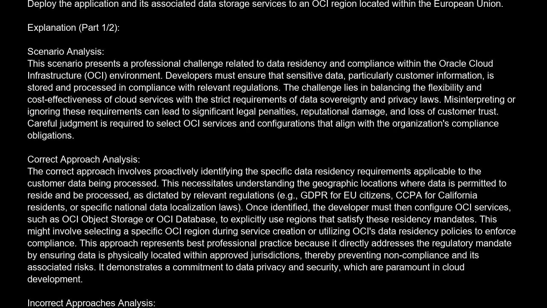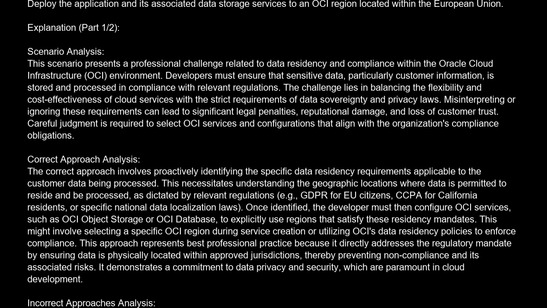Once identified, the developer must then configure OCI services, such as OCI Object Storage or OCI Database, to explicitly use regions that satisfy these residency mandates. This might involve selecting a specific OCI region during service creation or utilizing OCI's data residency policies to enforce compliance.